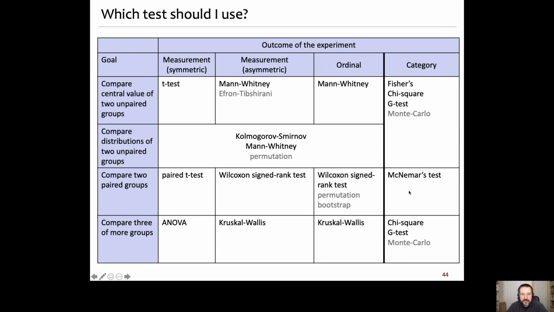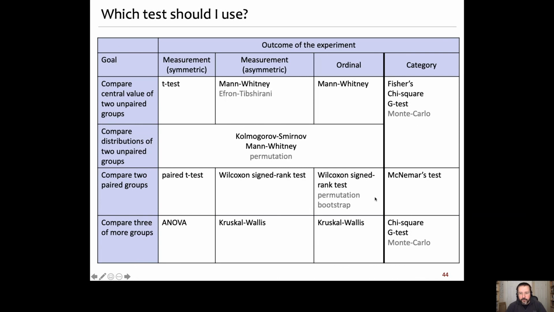In case of categorical data, there is a test called McNemar test to compare before and after data. When you want to compare 3 or more groups, you use ANOVA or its non-parametric counterpart, the Kruskal-Wallis test. I added a few more tests you can see in gray font, like Efron-Tibshirani, permutation, Monte Carlo, and bootstrap. These are beyond the scope of this lecture.